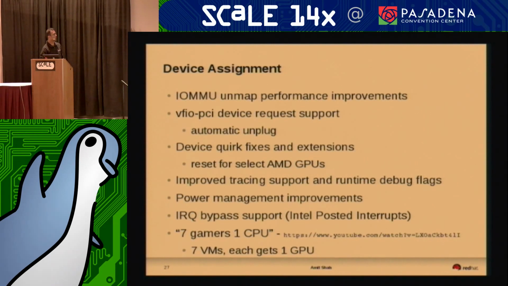And there was one interesting video posted by someone called 7 Gamers 1 CPU, where they used KVM to build a machine which had 7 actual physical GPUs inside the machine, and they used KVM to assign each GPU to a different guest, and they ran 7 games simultaneously.